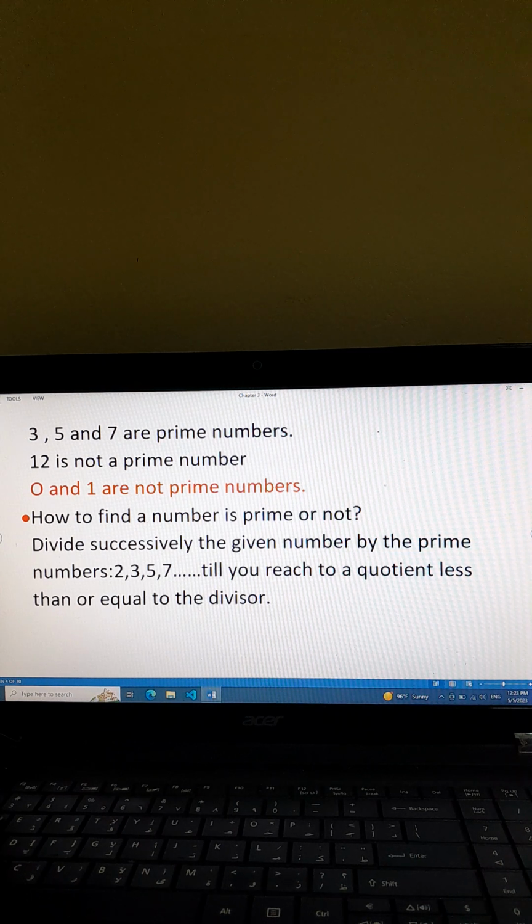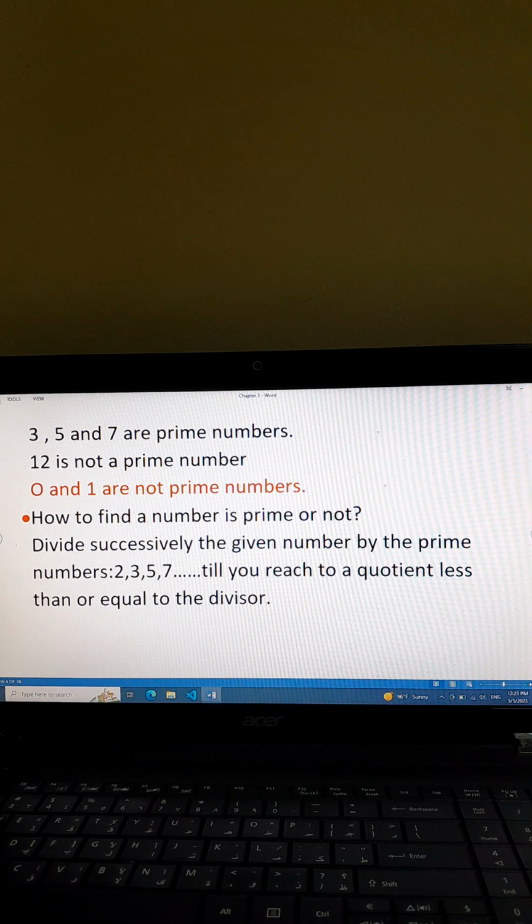How to find whether a number is prime or not? Divide successively the given number by the prime numbers 2, 3, 5, 7 till you reach a quotient less than or equal to the divisor.